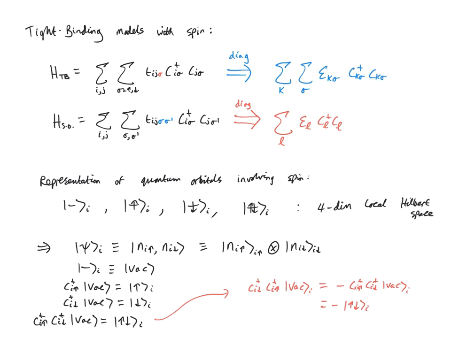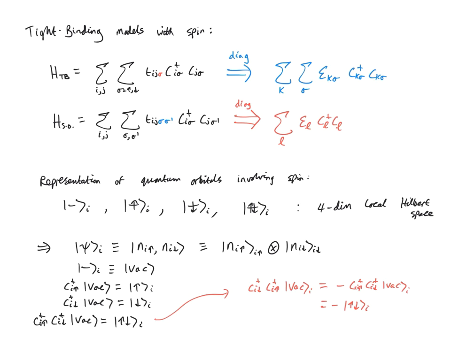So again, we can be careful to construct our full Hilbert space and the operators which act on that Hilbert space. So you see that by introducing the spin, there's no real formal difference in the machinery that we've already set up.